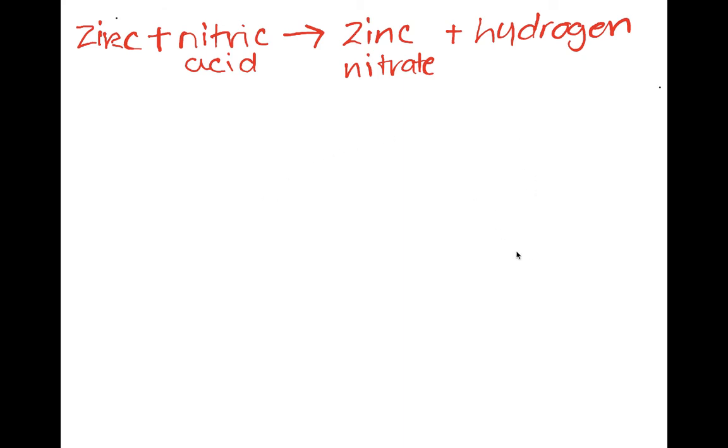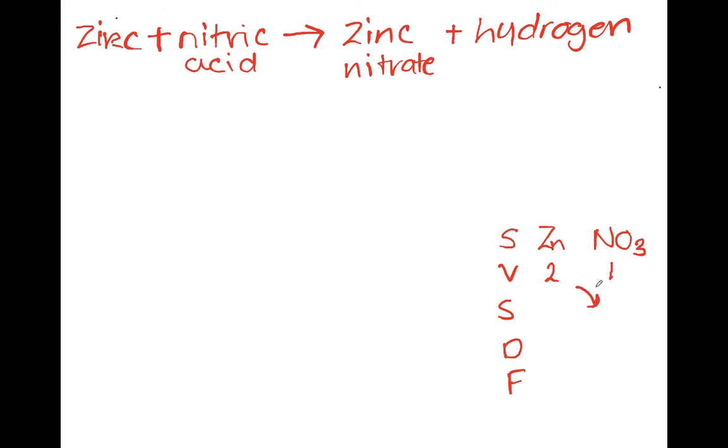So, down here, very quickly, I'm going to show you how to get the chemical formula for zinc nitrate. Zinc has a symbol Zn, and nitrate is NO3. The valency for zinc, we've been told it's zinc 2, so it's a valency of 2. Nitrate ion has a charge of 1 negative, its valency is 1.